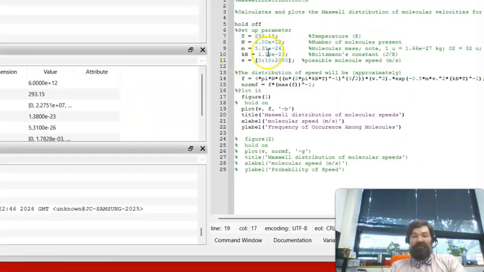The reason being that this distribution does factor the mass in. When I made this plot originally, you can see the mass, 5.31 times 10 to the negative 26. That is fairly close to the value you'd expect for one of these molecules, not for helium.